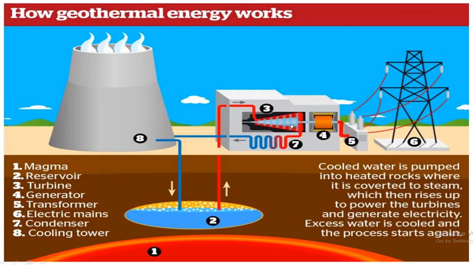As the turbine rotates, the generator also starts to rotate and because of it electricity is generated, and through a transformer it is passed to our households or to industry. The remaining water from this turbine is again passed to the cooling tower, which is at number eight, through the condenser. Now this water is again passed through other pipes.